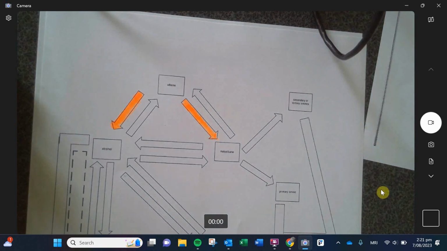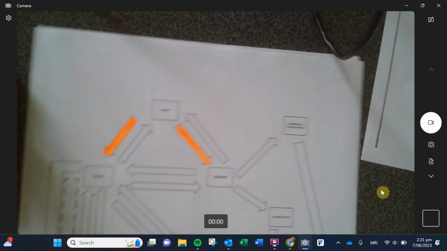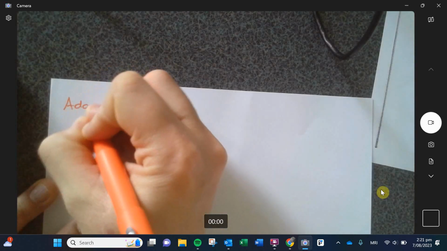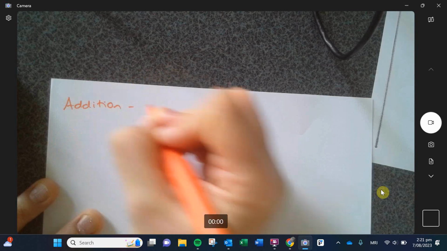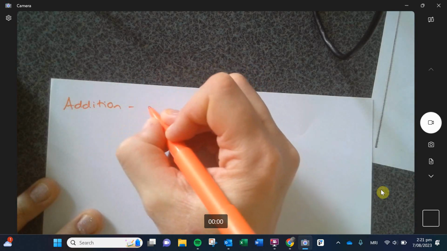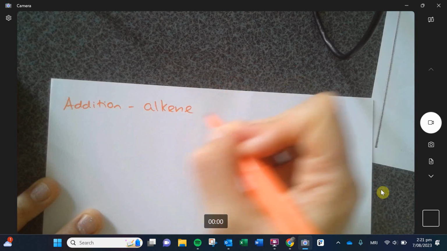All right. These are what we call addition reactions. And I think we have talked about them briefly before. When we are talking about addition reactions, we are starting with an alkene, and you are adding to it.